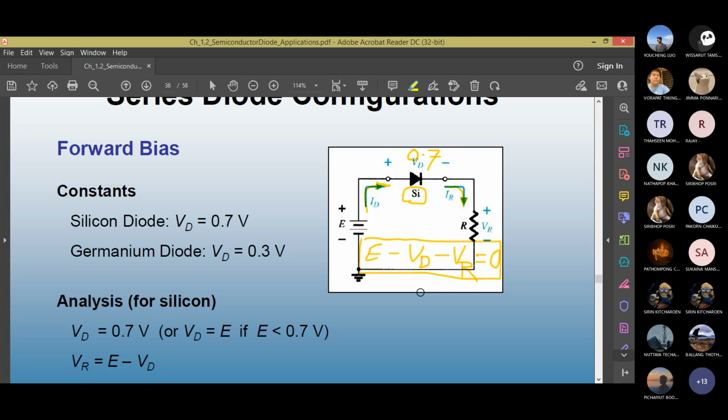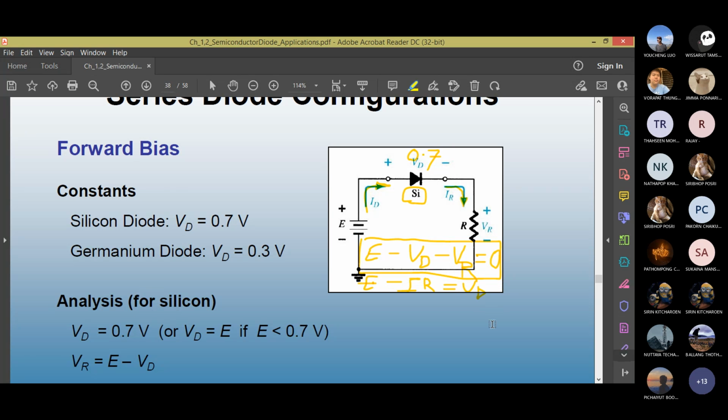Now tell me, when the current is 0, in this equation, what is VD? Instead of VR, I can say I times R. This is another representation of this equation.